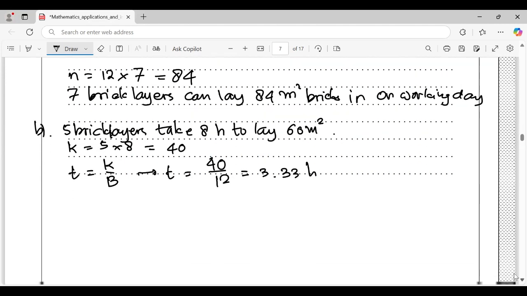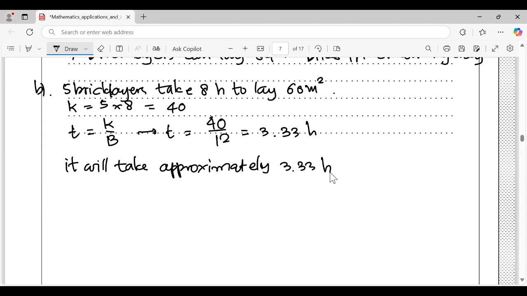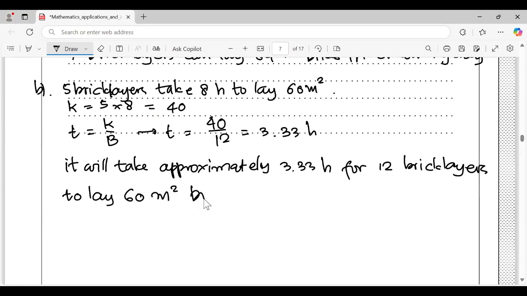So we can state that it will take approximately 3.33 hours for 12 bricklayers to lay 60 meters squared of bricks.